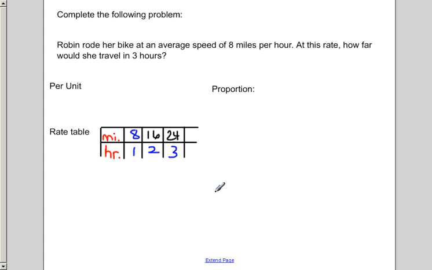And now we're going to do it as a proportion. So we have 8 miles in 1 hour. This is a ratio here, a rate, equals 24 miles, and we've got a label so we know what those values are, in 3 hours.